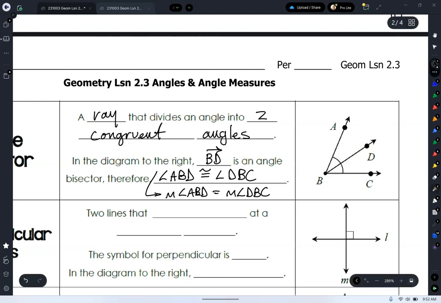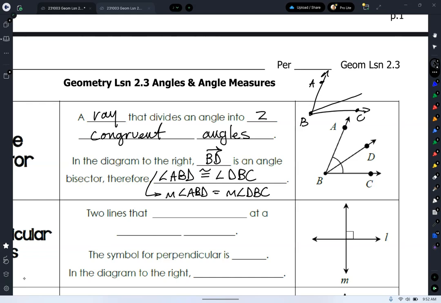Let's just draw another little diagram up here. What if we had, again, like this, we're just going to do another A, B, C, but this time D was down here. Does that look like an angle bisector? It doesn't look like it, but we can't rely on the drawing.